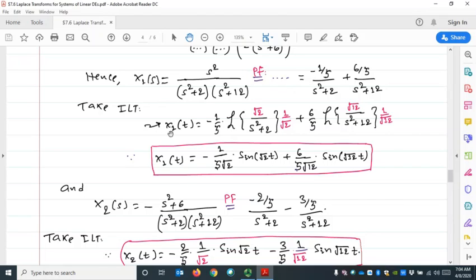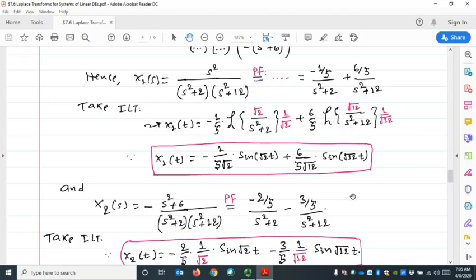Then the last line: little x1 equals negative 1 over 5 times radical 2 times the inverse Laplace transform of radical 2 over s squared plus 2, which is simply sine radical 2 t, plus 6 over 5 times radical 12 times the inverse Laplace transform of radical 12 over s squared plus radical 12 squared, which is 12, is sine radical 12 t. Great.